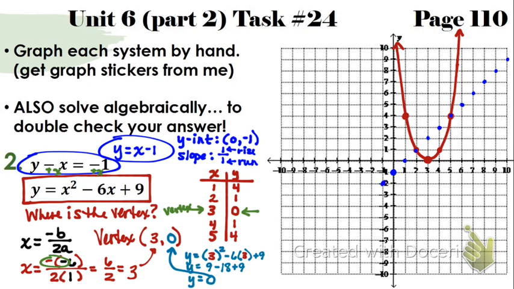How many places does it cross the parabola? Twice. At 2, 1 and at 5, 4. You're absolutely correct. So those would be my solutions.